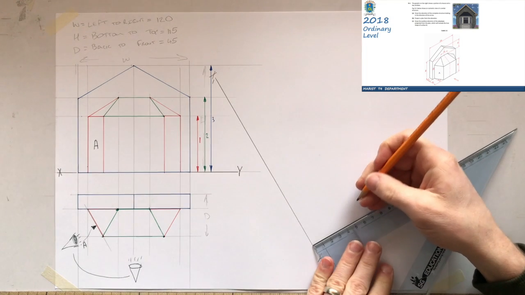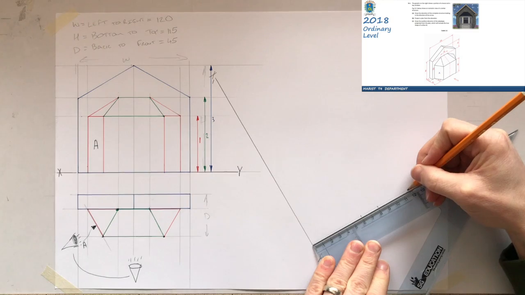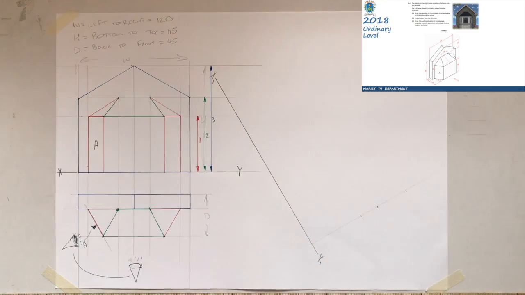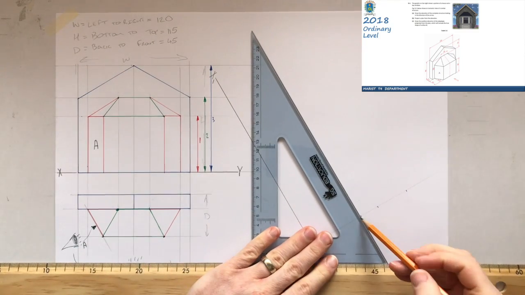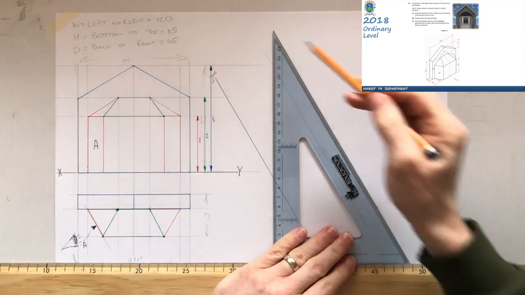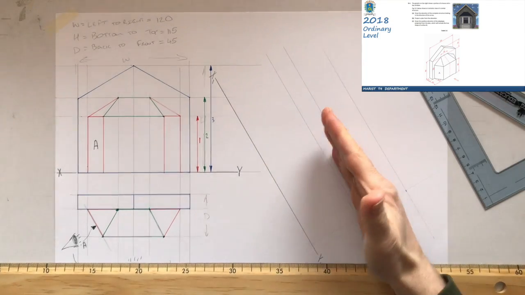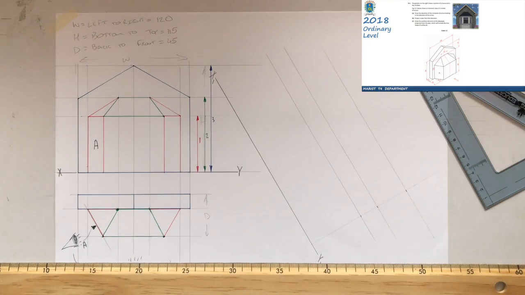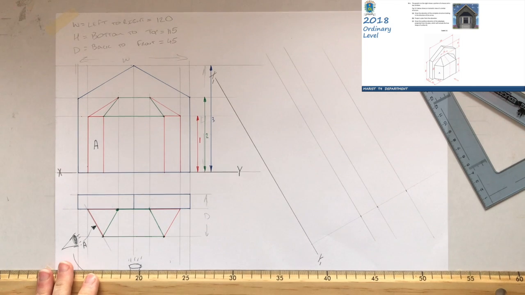Well, they were 60, 80 and 115, the overall height, which we had at the very start of our question. I'm going to mark these height lines parallel to the X1Y1 line, the ground line, the exact same as they're parallel to the XY line in our elevation. So these lines are parallel here, the same as these height lines are parallel here. So we're going to just mark off those just so there's no confusion.